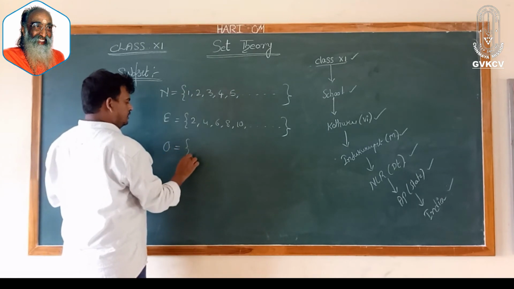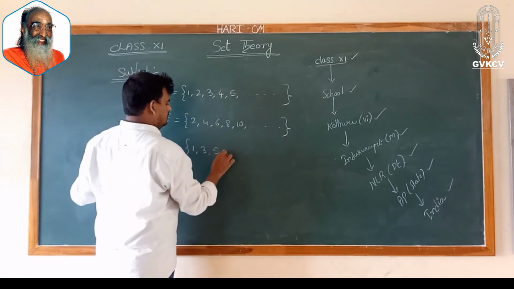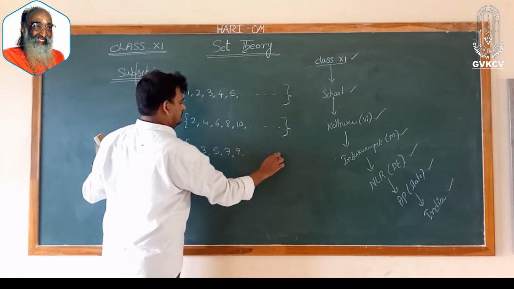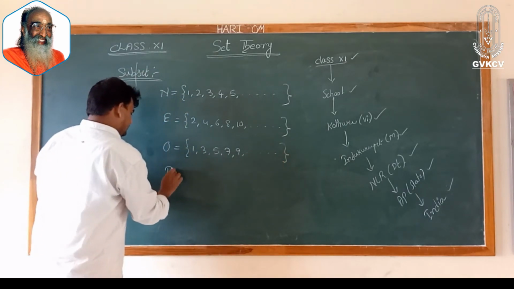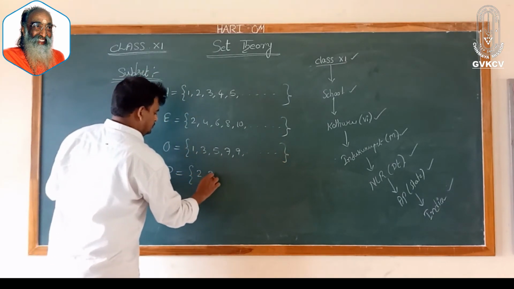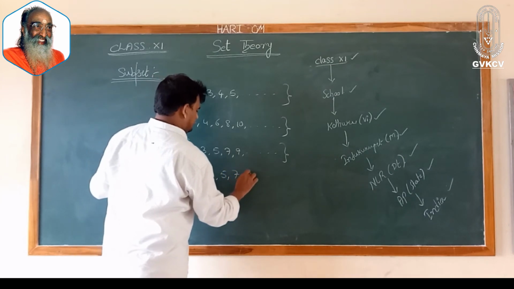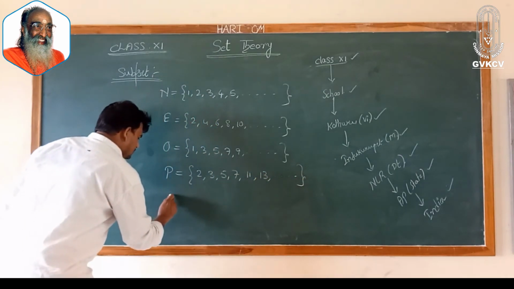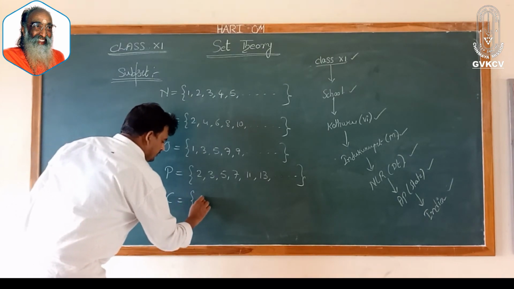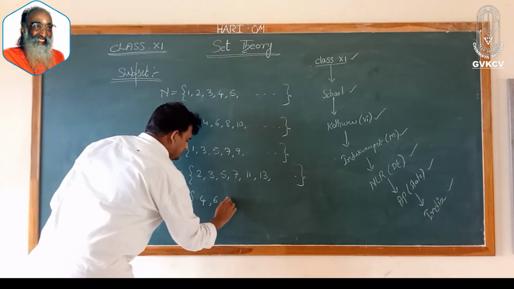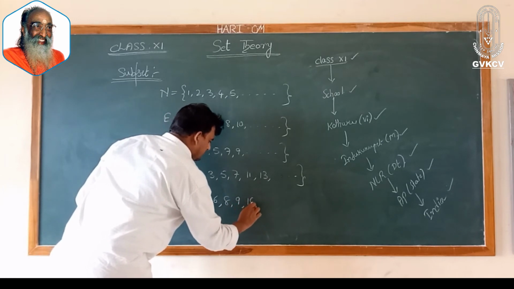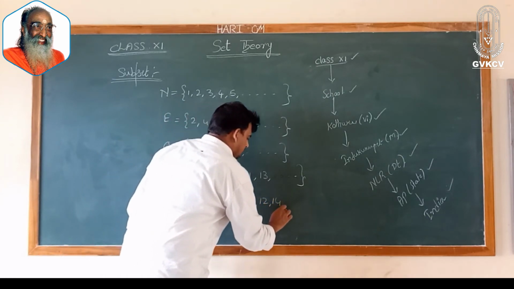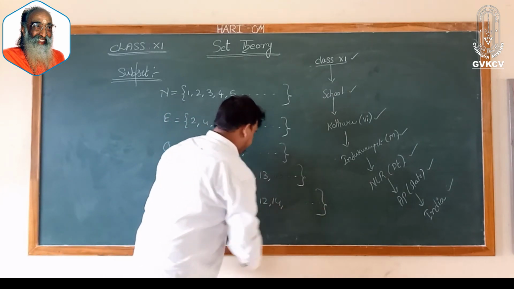If I take the collection of odd numbers: 1, 3, 5, 7, 9 and so on. If I take the collection of prime numbers: 2, 3, 5, 7, 11, 13. If I take the collection of composite numbers: 4, 6, 8, 9, 10, 12, 14 and so on.